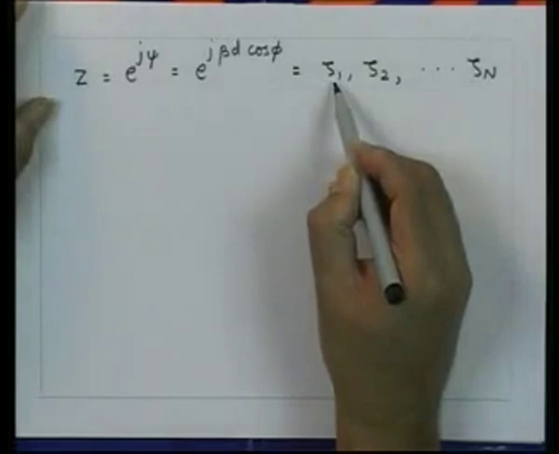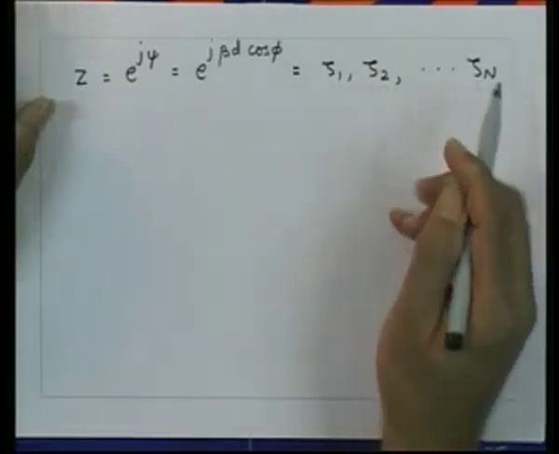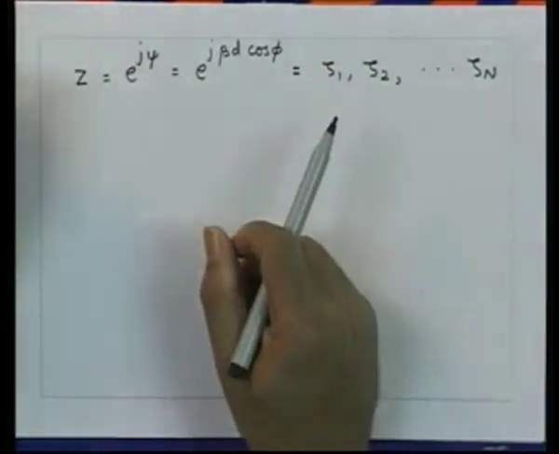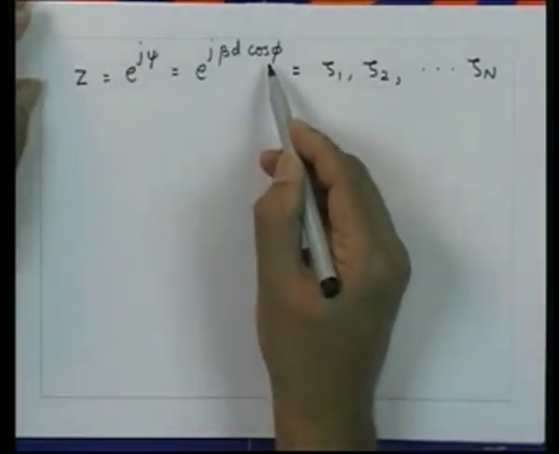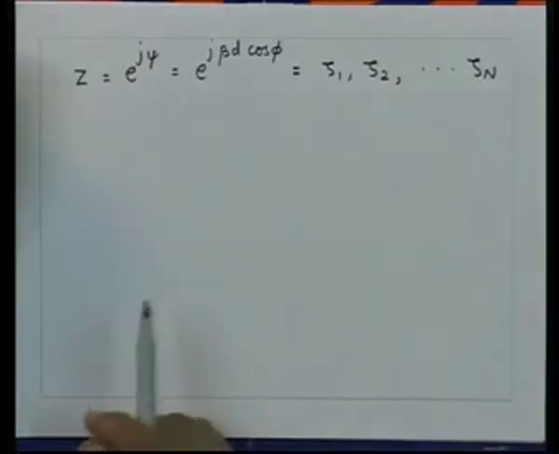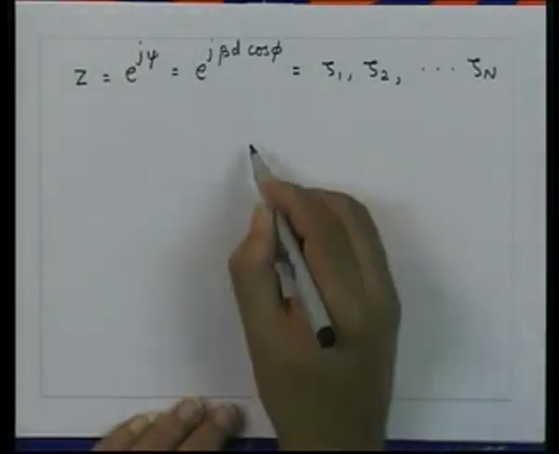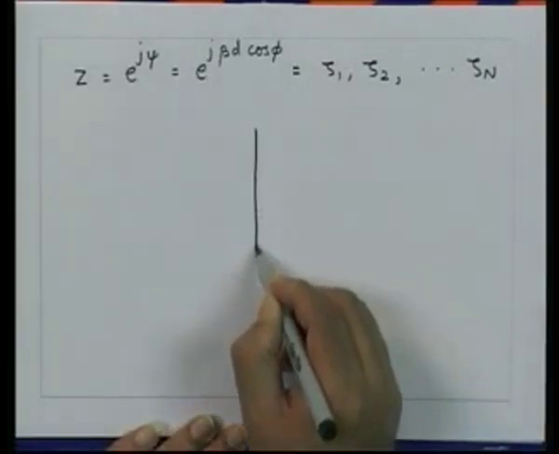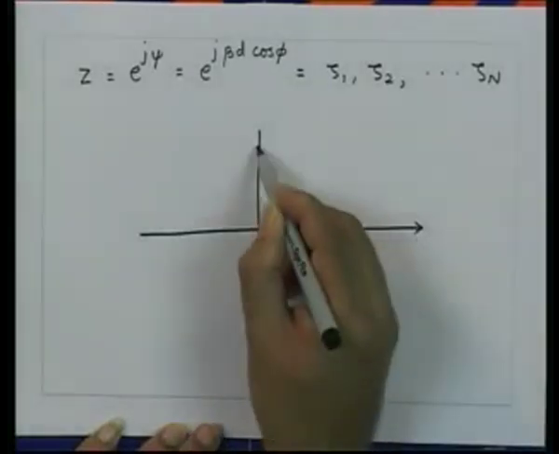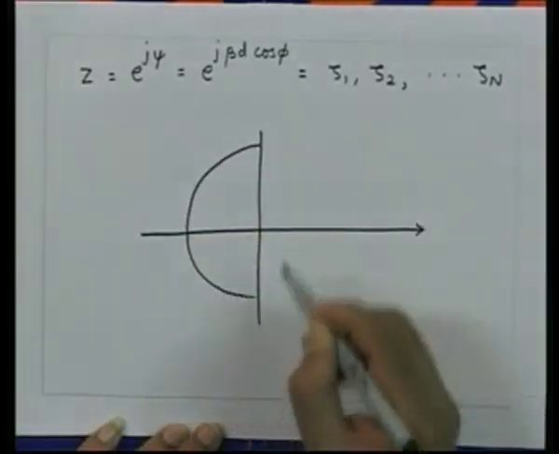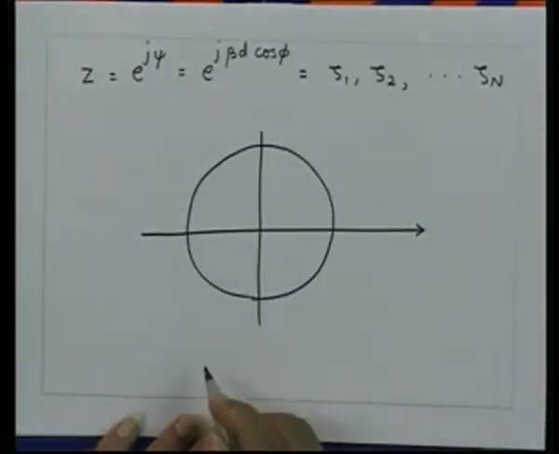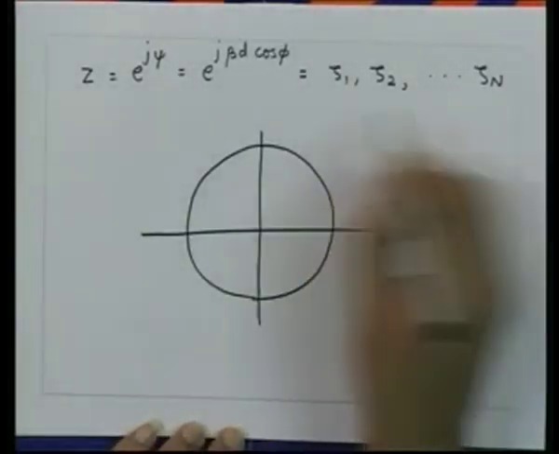If the magnitude of zeta 1, zeta 2 is equal to unity, then only this point will lie on the unit circle, and then there will be a corresponding angle which would represent the direction of the null. So, what we see from here is that in the complex z plane, you have a unit circle, and zeta 1, zeta 2 will lie somewhere.